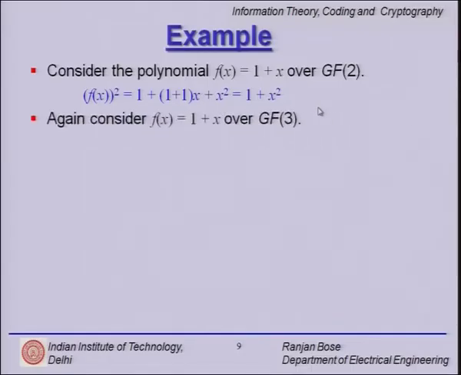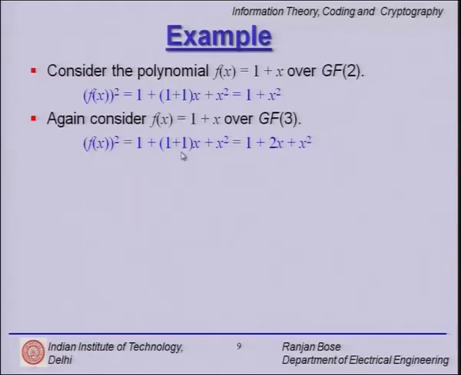But just consider 1 plus x as the polynomial over GF3. So, I am now going to square this, but not over GF2, but GF3. Now, GF3 can have coefficients 0, 1 and 2. My polynomial happens to have just one coefficient as 1. So, I would like to square it. So, 1 plus x plus x plus x square is what you get by squaring it, simple multiplication by itself.